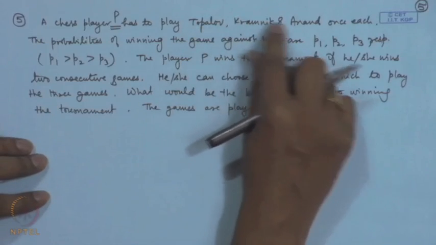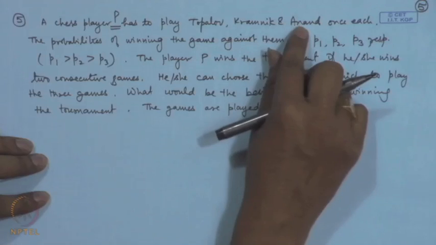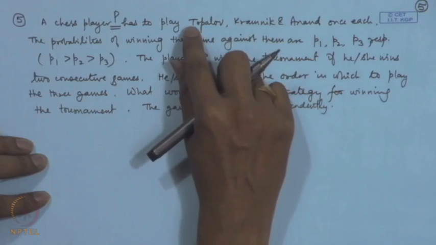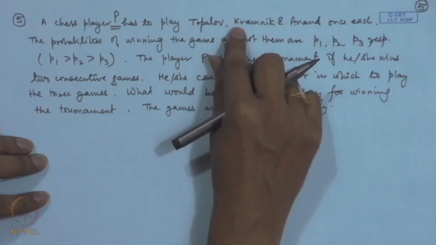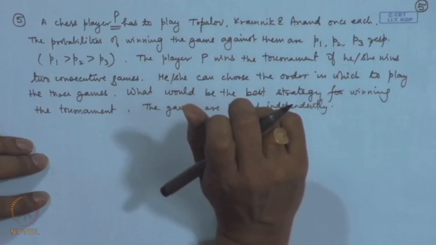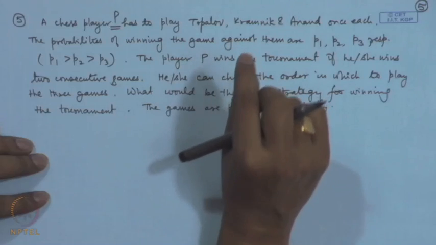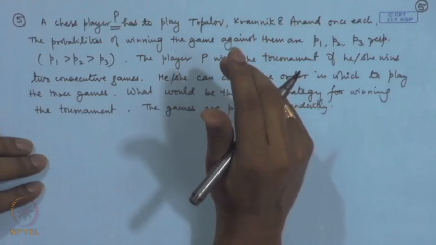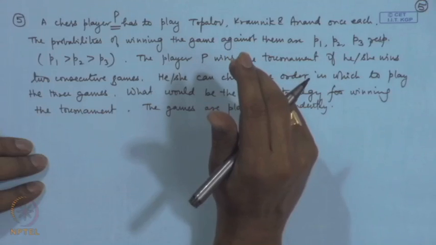Now, if there are 3 players, let me call them T, K, A, then I can have 6 permutations here. That means, I may play T first, then K and then A, I may play T first, then A, then K, and so on. So, for each of these ordering of playing the games, what are the probability of winning the tournament?